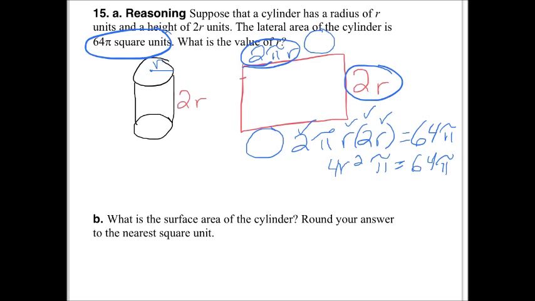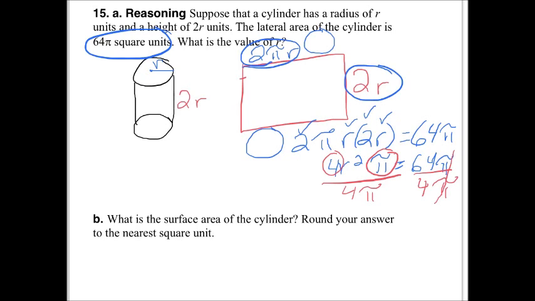Well, I want to get r by itself because I have to solve for r. So let's see, we have the 4 next to it, and we have the pi. So I think I can divide both sides by 4 pi. That's exactly what I'm going to do. What happens over here when you divide the pi's? They just equal 1, so they go away.